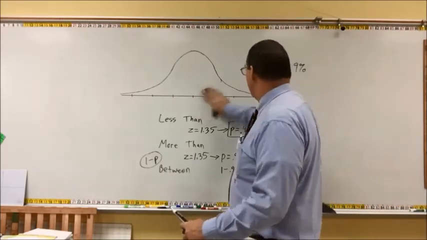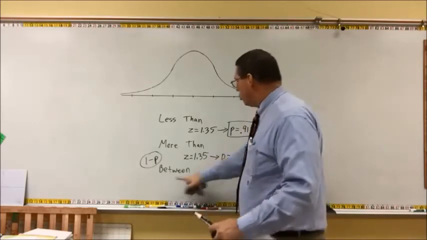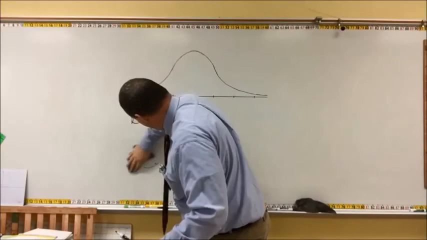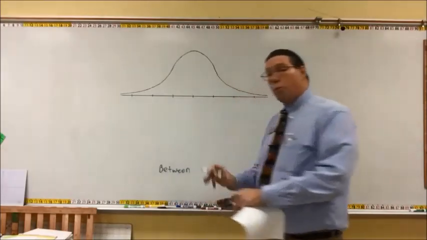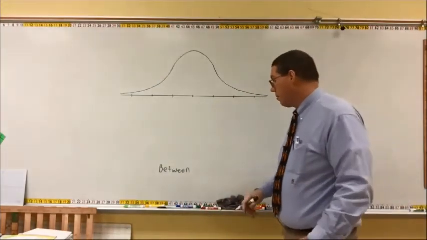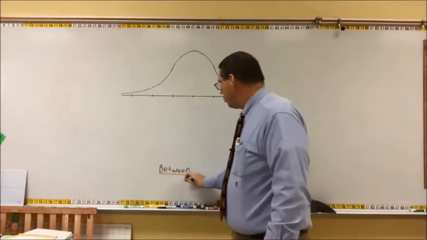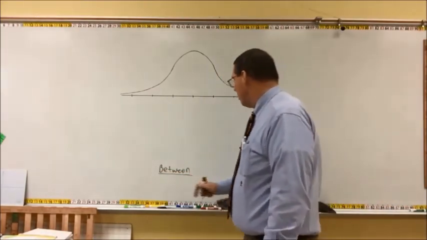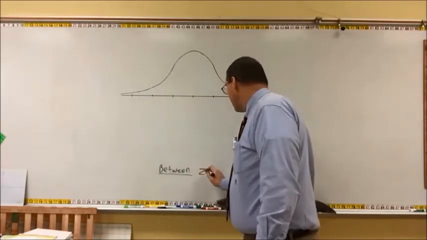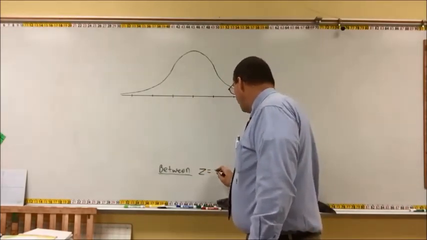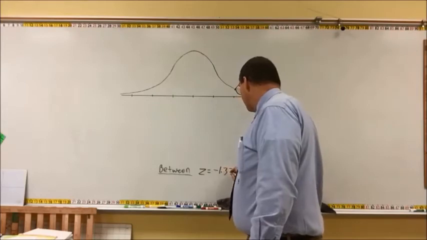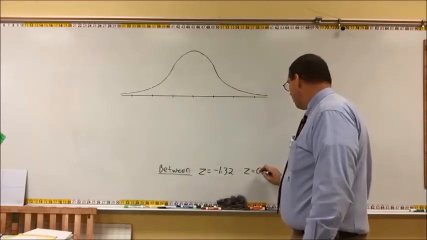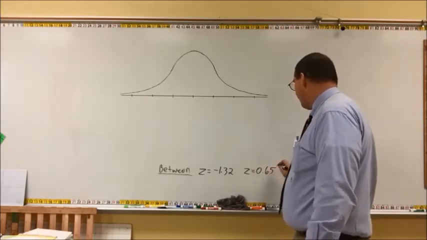And now let's see, how do we do a between proportion? Let me get rid of all this. You may have to rewind and write that down because you weren't expecting me to erase that. To do a between proportion, you have to have two z-scores. So let's say we want to know between z equals negative 1.32 and positive z equals 0.65.